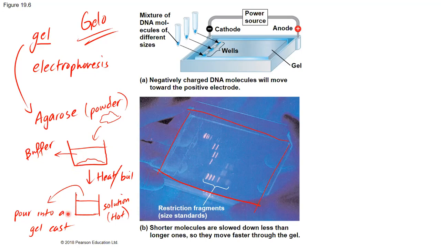Then you have to pour it into a dish, and the Jello eventually will become semi-solid, okay? And it will take the shape of the dish you pour it in after you cool it, okay? So after we pour it into a gel cast, we have to wait and cool it. So the gel will take the shape of this gel cast, okay? And now we have a gel.